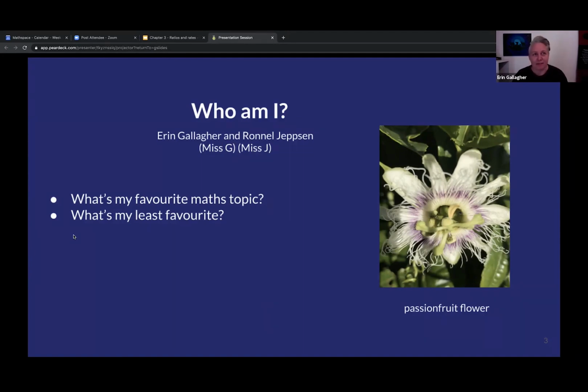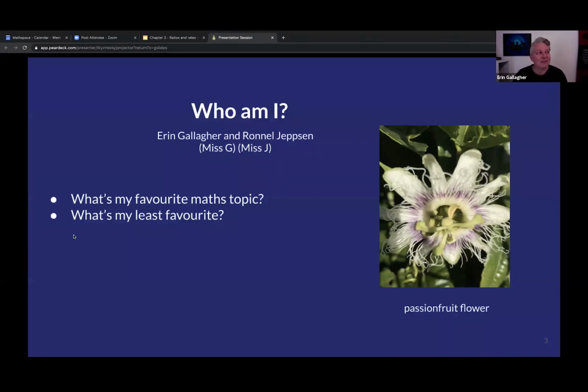I really like that, especially in nature. That's a picture of a passion fruit flower. It's the first time my passion fruit's ever flowered, so I was very excited. But look at the intricacy in there, and there's so much mathematics. Natural numbers and fantastic things in nature and patterns. So that's certainly one of my favourite maths topics.